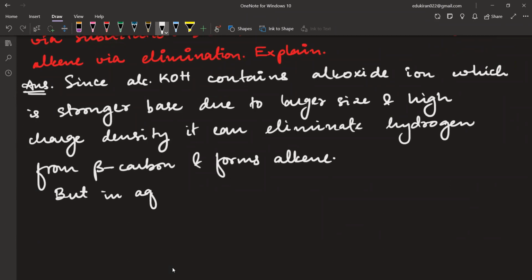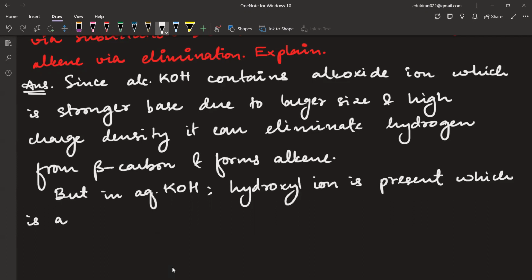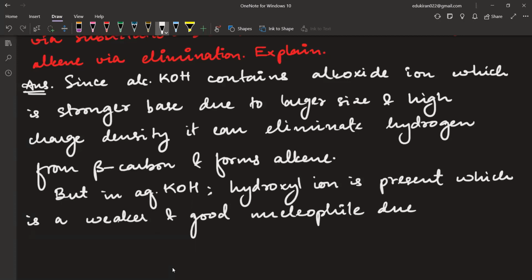But in aqueous KOH, hydroxyl ion, OH negative, is present, which is a weaker base and good nucleophile due to smaller size.